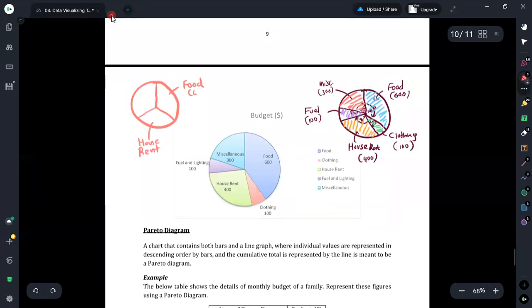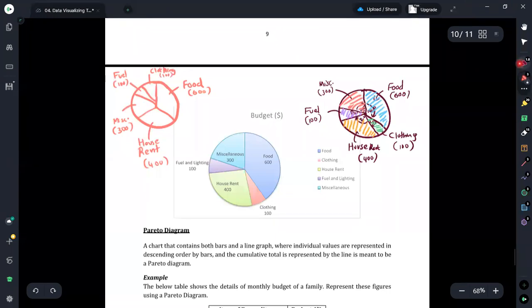For food it was 600, house rent it was 400, and then miscellaneous it is around 300, and for fuel and lighting, this part is for fuel, it is 100, and this part is for what we have identified as clothing again, 100.